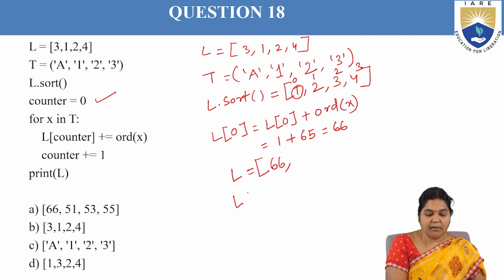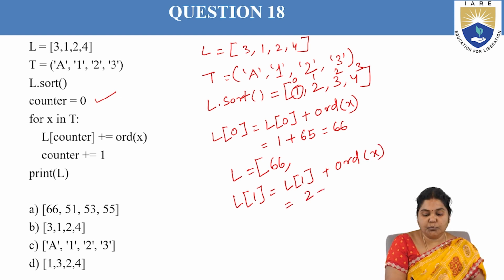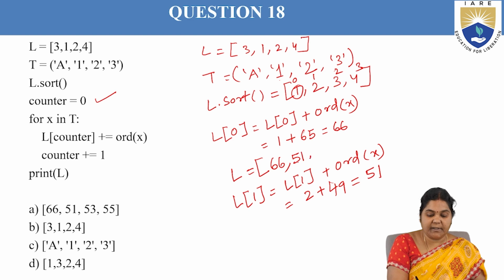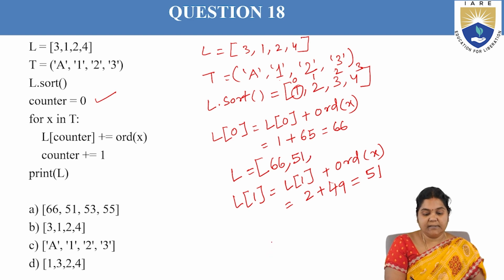Now, L of 1 we are going to compute. L of 1 is L of 1 plus ORD of X. L of 1 contains 2, so 2 plus ORD of X. X is the character 1, which is 49. So 49 plus 2 becomes 51. The list is updated for the second value as 51.